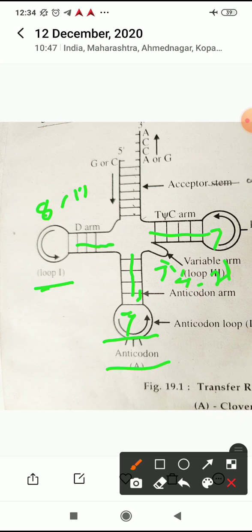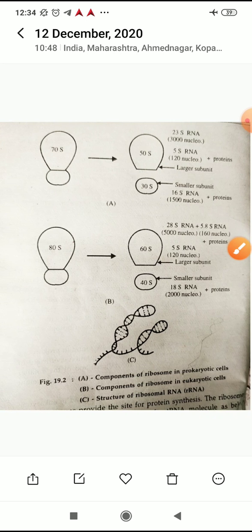Okay, then we will go towards another type of RNA, that is ribosomal RNA, rRNA.